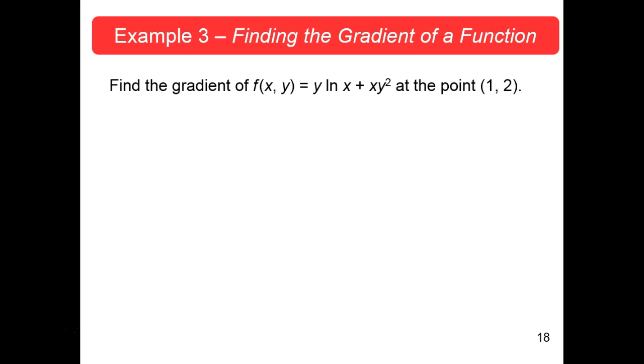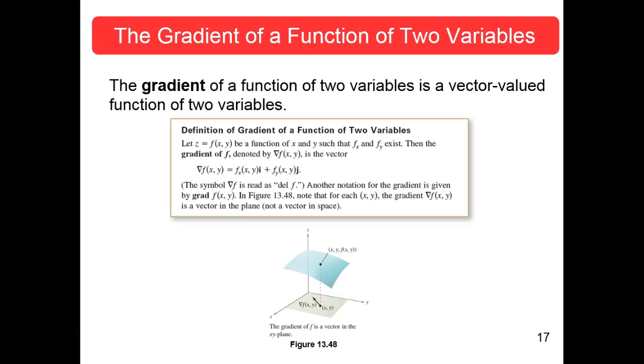There is a little note here. Notice that there is no value assigned to the symbol del itself. It is an operator, just like d by dx was an operator telling you to take the derivative with respect to x of whatever follows it. This is saying take the gradient of this function that follows it.